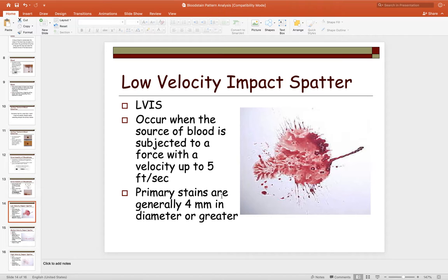In a low velocity impact spatter, you're going to see the largest primary stains, about 4 millimeters in diameter. Generally speaking, low velocity impact spatter is things like if a person is in a fight and receiving a beating, or if blood is being produced from that fight.